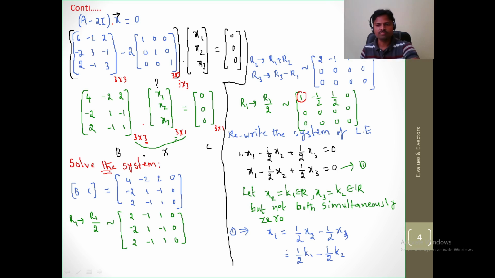Now finally, the final solution is, so therefore the solution is equal to, what is the solution? x1, x2, x3, isn't it?